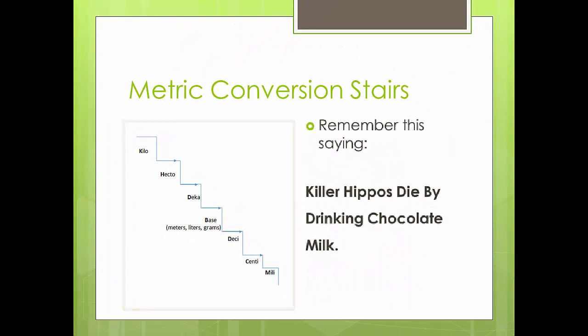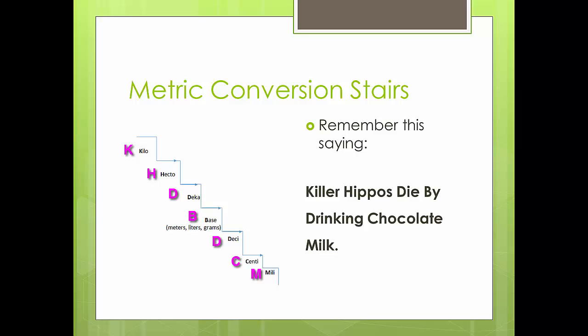And this is a saying that I like to remember that will help you draw out your conversion stairs. We want to remember to go from the upper left from K to H to D to B to D to C to M, which is KHDBDCM, or killer hippos die by drinking chocolate milk. Again, it's killer hippos die by drinking chocolate milk. So pause the video and practice drawing out these conversion stairs by yourself.